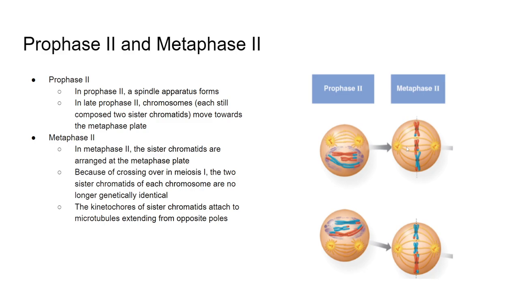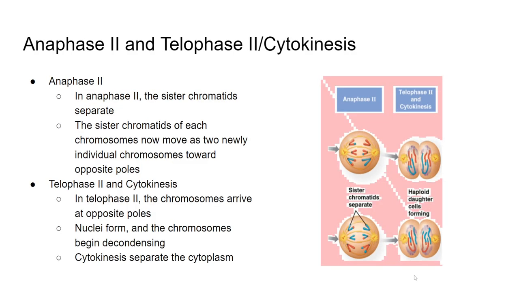The centrosomes are going to line up the sister chromatids at the metaphase plate in both cells. And then in anaphase 2 and telophase 2 with cytokinesis, we're going to see those sister chromatids separate from one another. We're going to see the centrosomes pull away the sister chromatids, they're going to depolymerize, and they're going to go to opposite sides of the cell again.